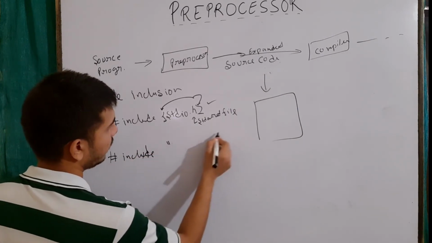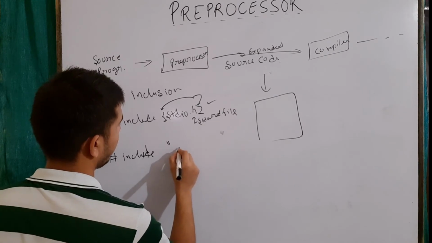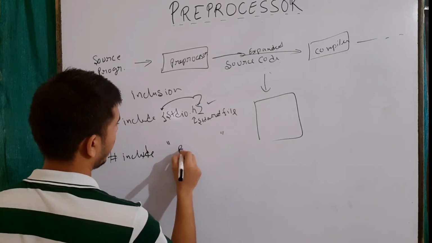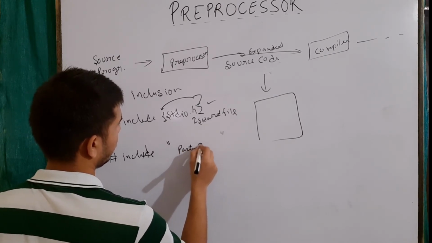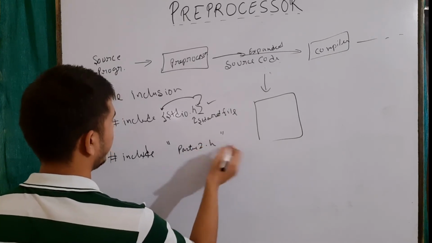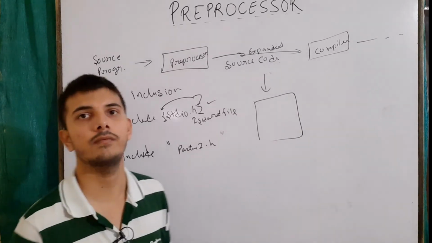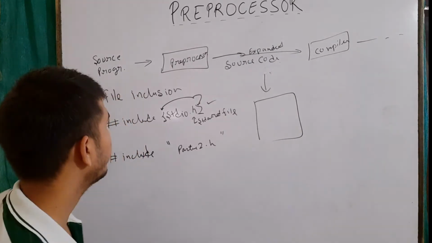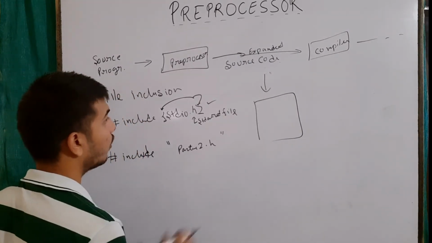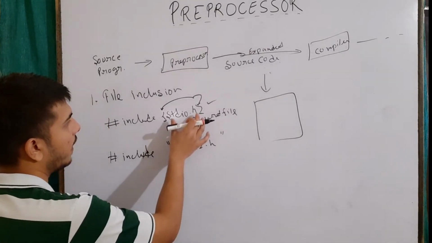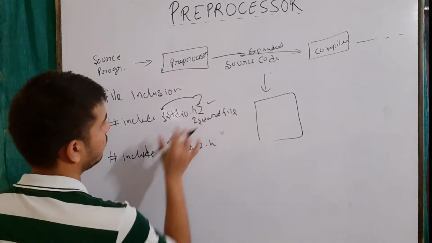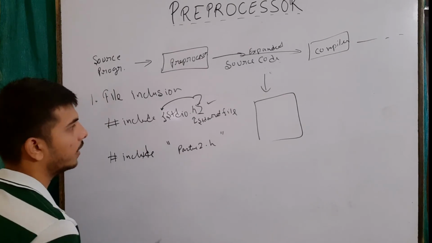Now this will be in double quotes with the name of the file. Let's say partner2.h or anything. It could also be .c, or whatever the name of the file. The point to remember is, how will our compiler know where this file is present?